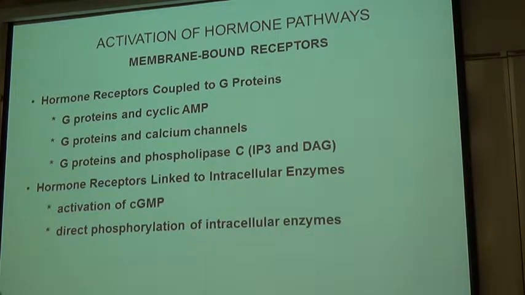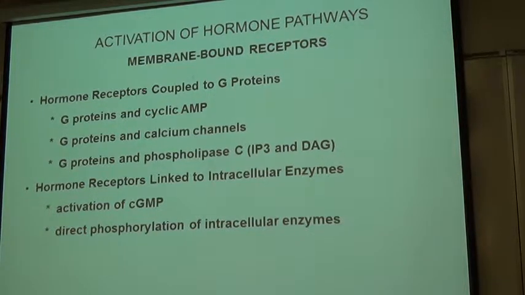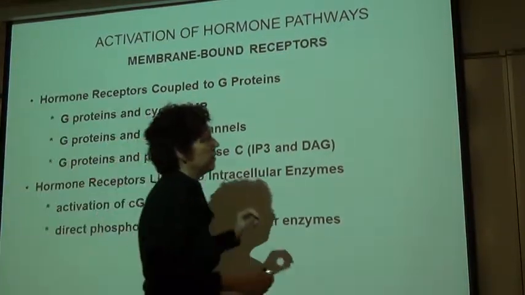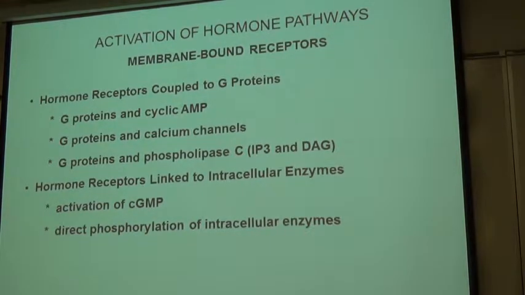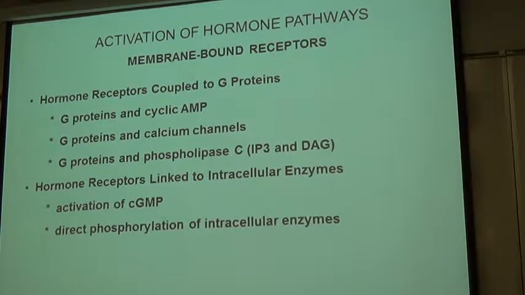So, a receptor, as I indicated up here, that is going to be for our amino acid derivatives and our peptide hormones, everything but thyroxine. These molecules are too large and/or have charges.